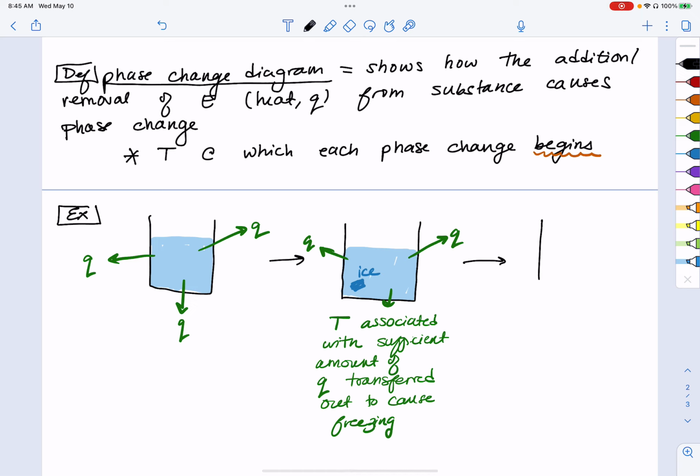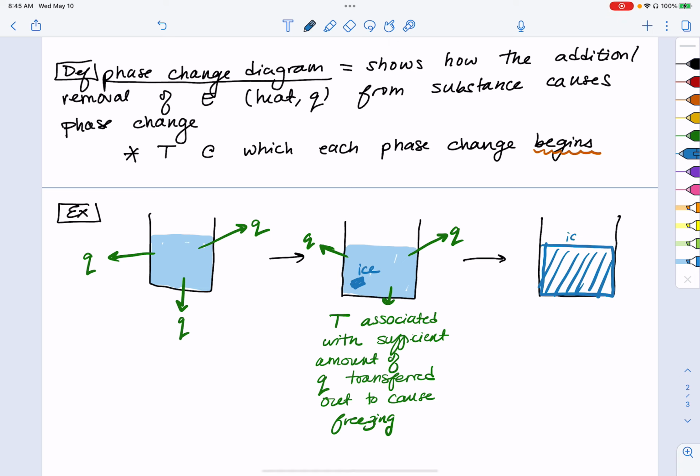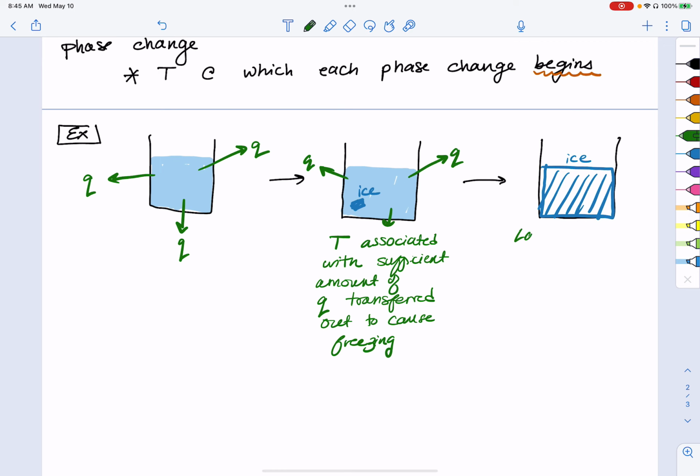By the time we now have fully solidified all of our water into ice, this is the, how would I say this, this is the last or final amount of heat required or released to freeze all of our water.